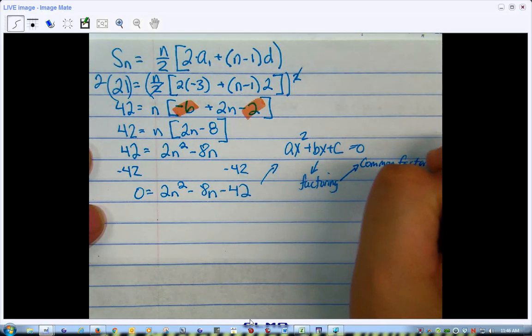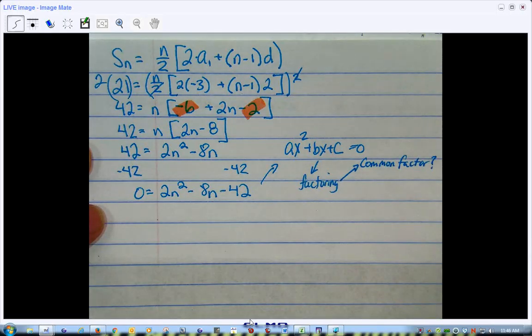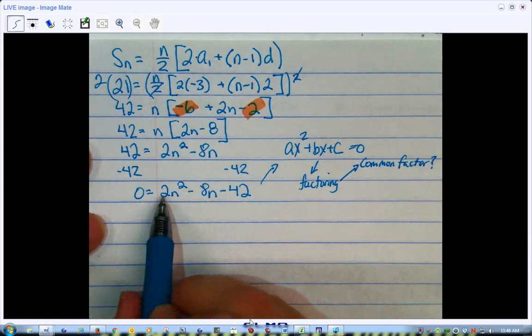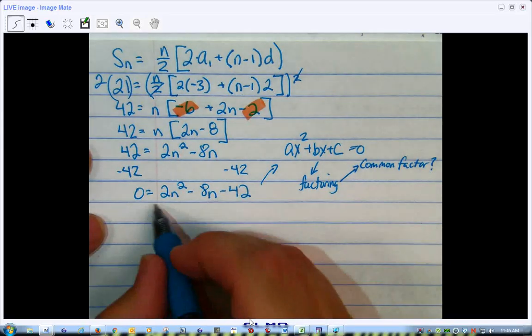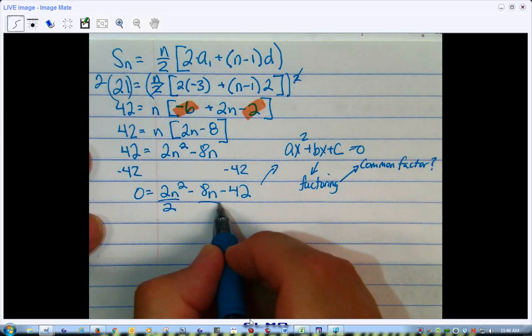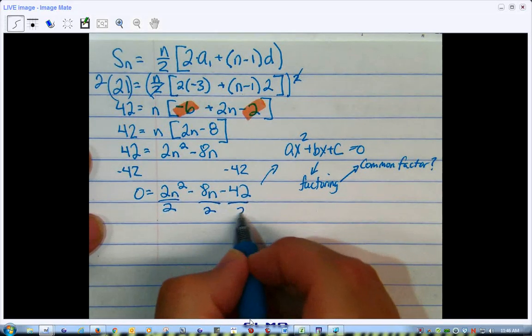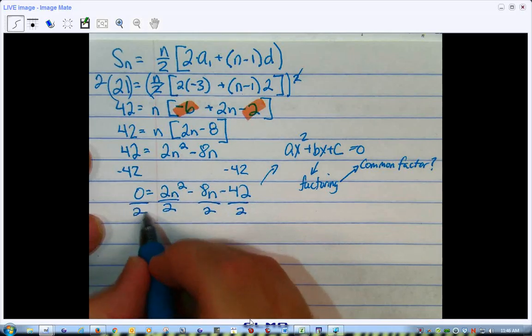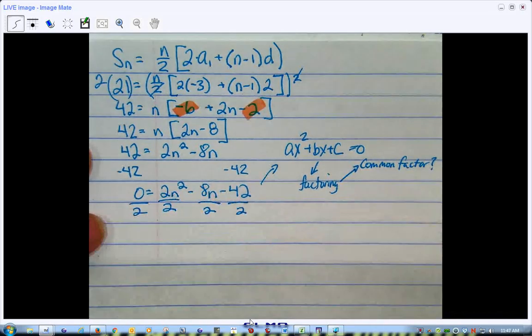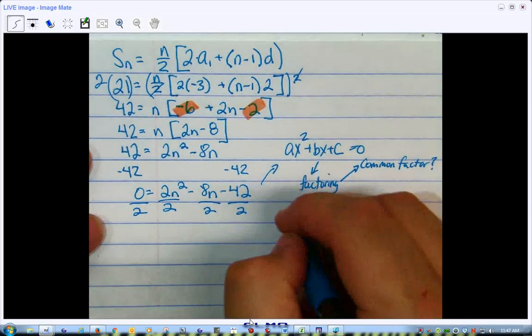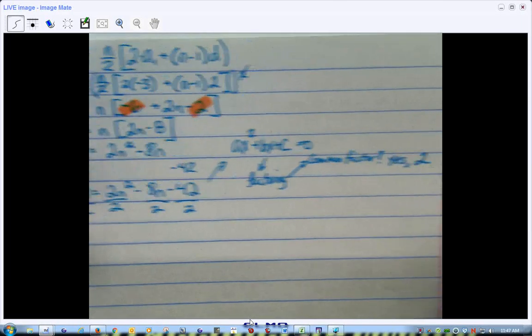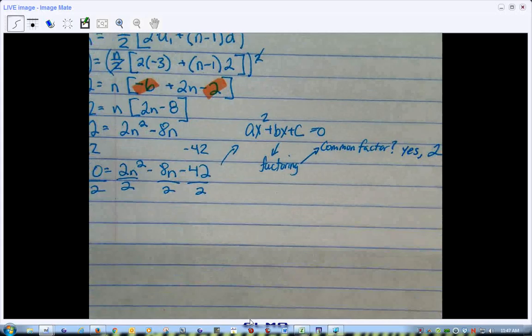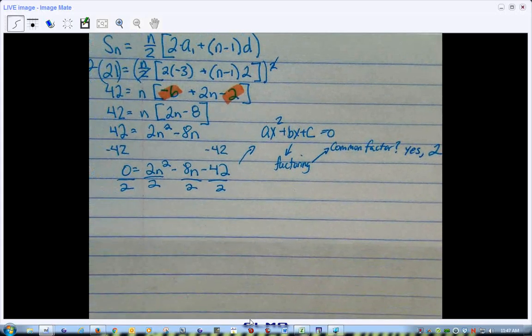Is there a number that divides into 2, 8, and 42? What's the number? 2. So if I divide everything by the same number, we could get this into an easier state.